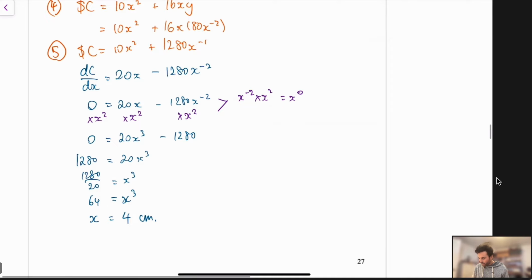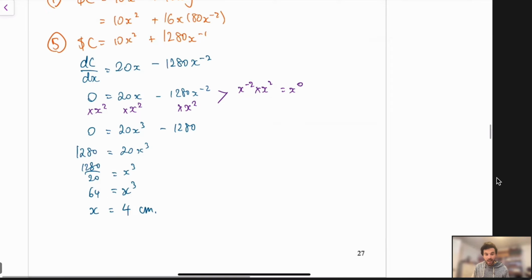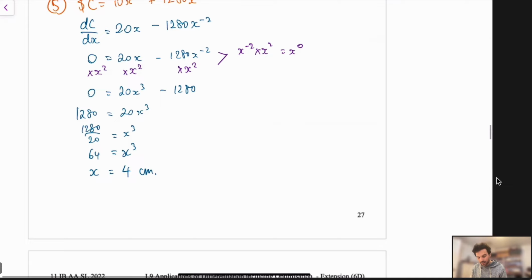How do we know if it's a maximum or a minimum? Okay, well we can do our check. So I'm going to use my double dy test just to make sure that we indeed have a minimum here. So let's differentiate once more. And sub in 4.